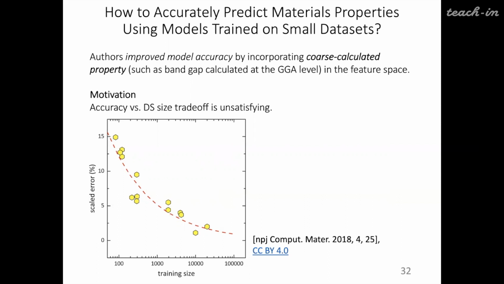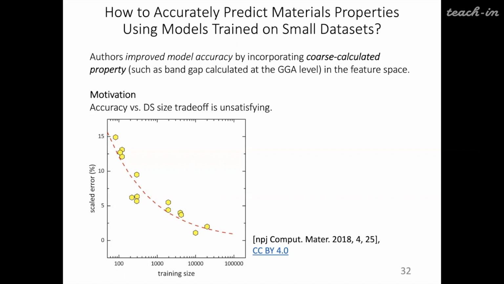And at the same time, the increase in accuracy for machine learning models is rather unsatisfying. So if we increase the size of the training set, upon some increase, we can get a very minor increase in accuracy, as authors of this paper state.